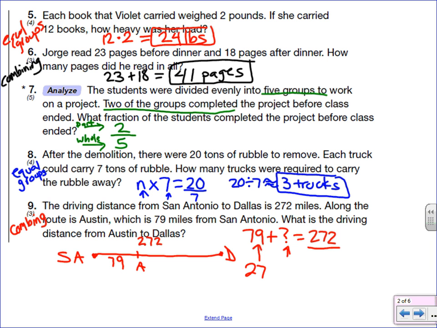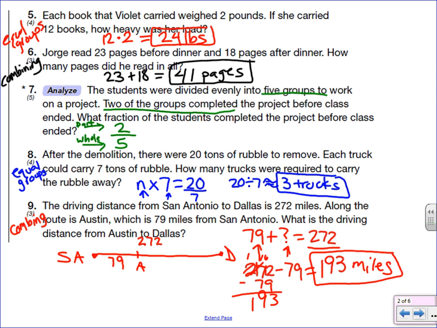So 272 minus 79 equals 193. We can check that: 79 plus 193 gives us 272 miles.